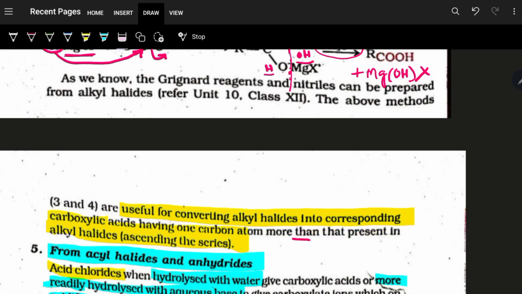Having one carbon atom extra means it is having one carbon atom more. So this is known as ascending series. This is the ascending process, or it is known as the step up method. Why the step up method? Because in the product we are having one carbon atom extra.